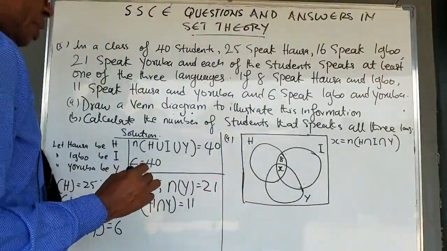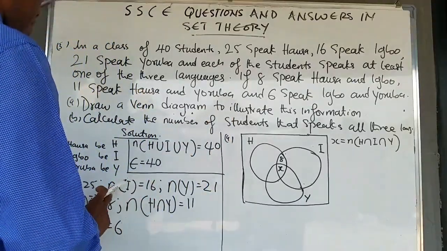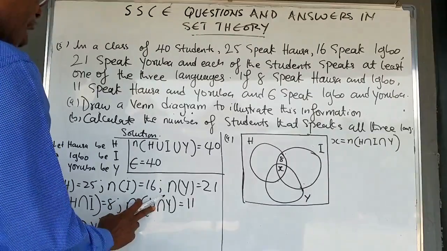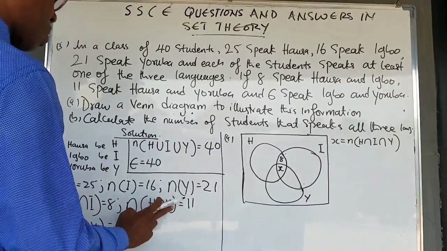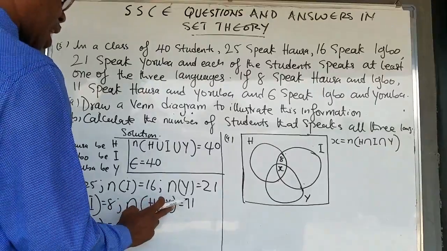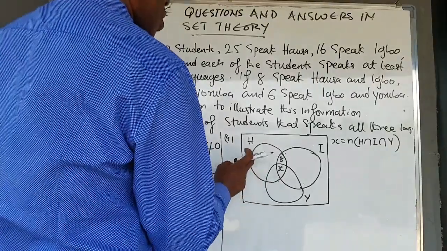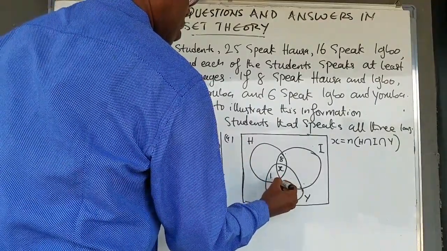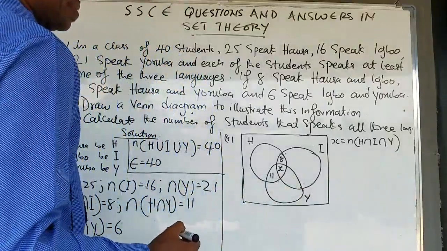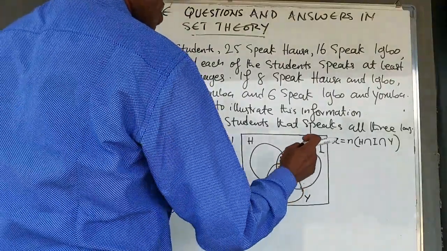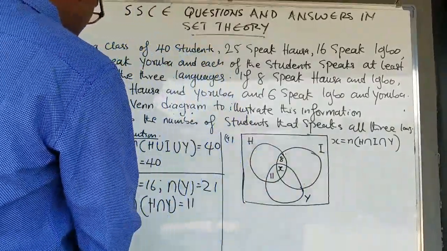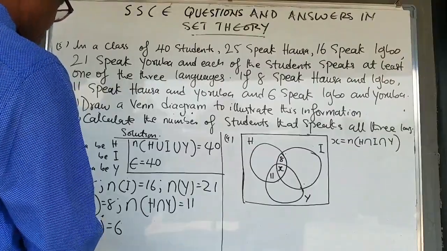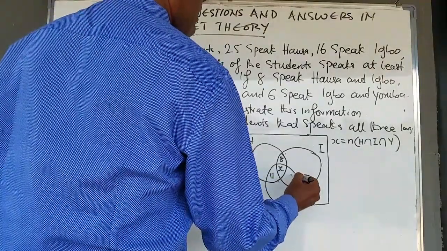Then the people that speak Hausa and Yoruba is 11. So we check here. Hausa, Yoruba is going to be somewhere here. 11. And then the people that speak Igbo intersection Yoruba is 6. So we have it here as 6.